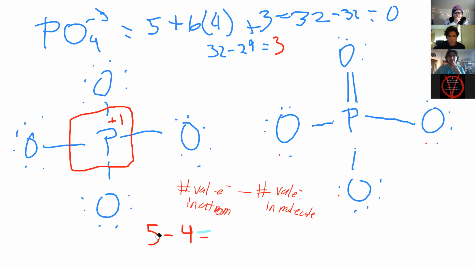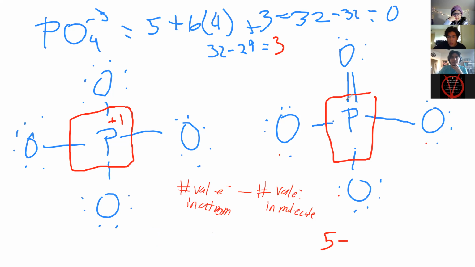We said that that one was plus 1. And for this phosphorus, let's draw the box around it again. It's 1, 2, 3, 4, and 5, so it's 5. That phosphorus has a formal charge of 0.